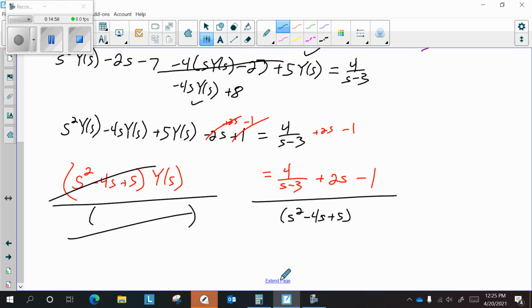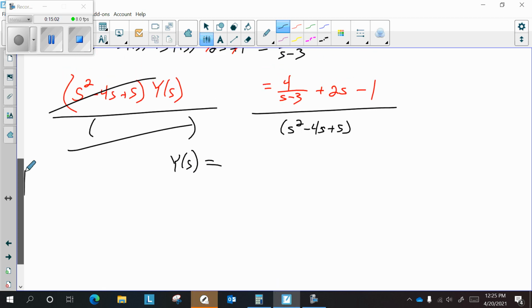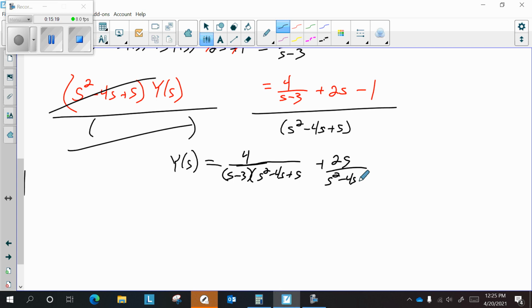So those will cancel. So that gives us Y of s equals, if we divide the first term by that, 4 over s minus 3 times s squared minus 4s plus 5, plus the next term divided by s squared minus 4s plus 5, minus 1 over s squared minus 4s plus 5.